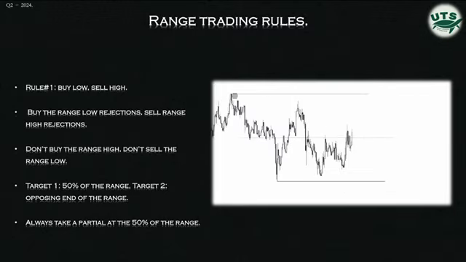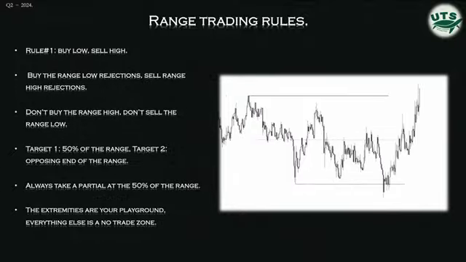Again, you have a range high, a range low. The market is clearly chopping, right? Between point A and point B. The rules say buy low, sell high. Buy the range low, sell the range high. Don't sell the range low, don't buy the range high. Target one is 50% of the range, and target two is the opposing end.